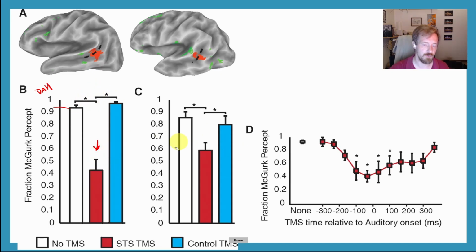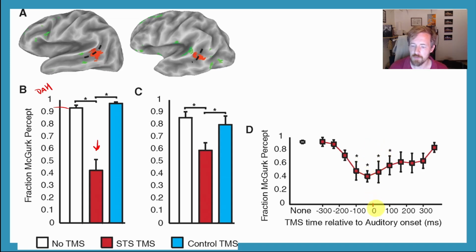This figure over here on the right is the exact same experiment. They just used different syllables to control for it not being specific to these syllables over here. So they had essentially two different stimuli sets. Then over here, this is showing the time course. They even manipulated when TMS occurred. You can see right here, 0 would be as the sound is beginning.